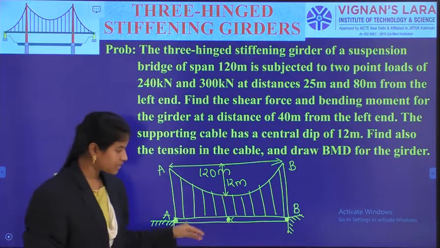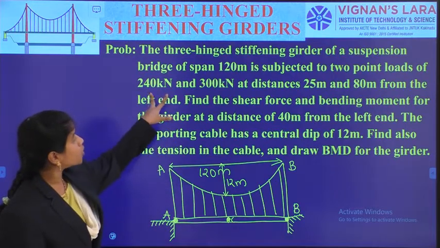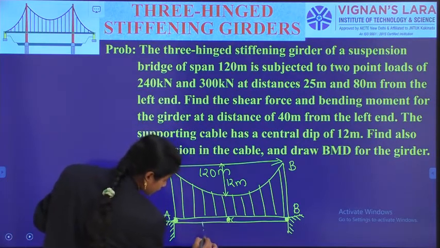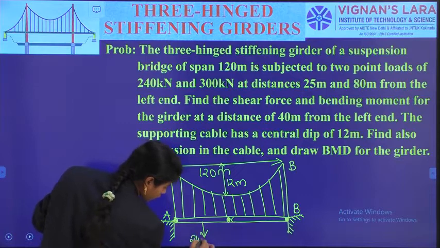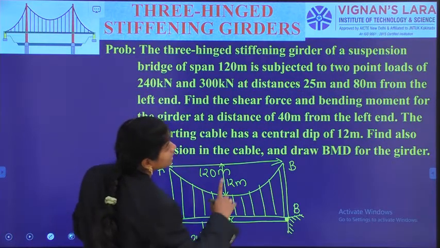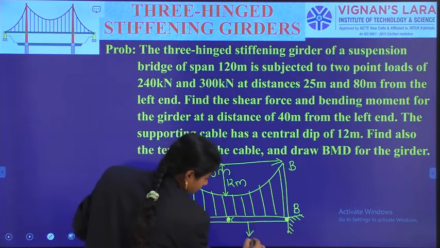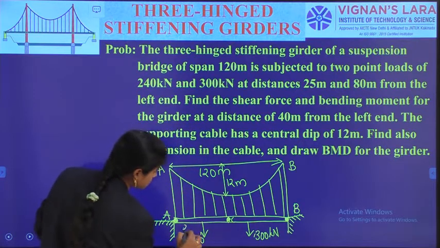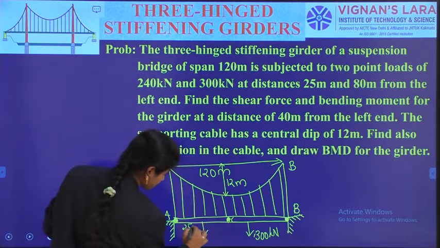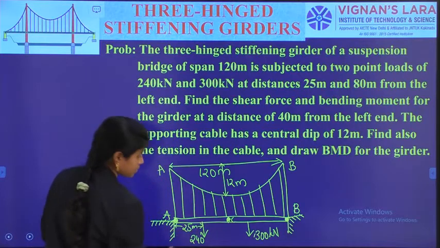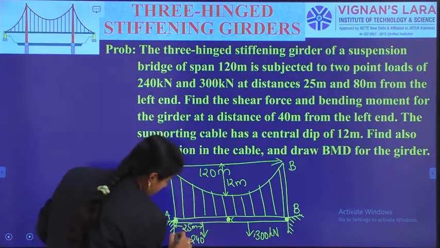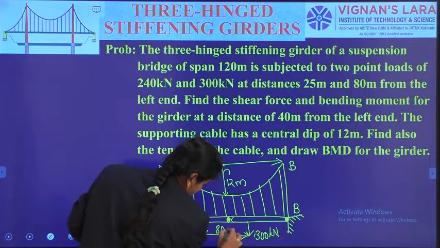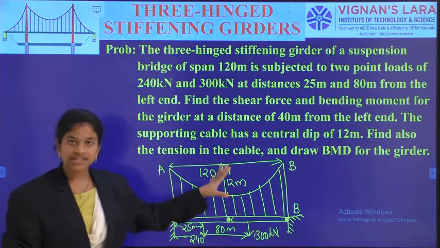And there is an application of 2 point loads, 240 kN and 300 kN: 240 kN acting at 25 meters and 300 kN at 80 meters from the left support. So in this way the structure may appear.